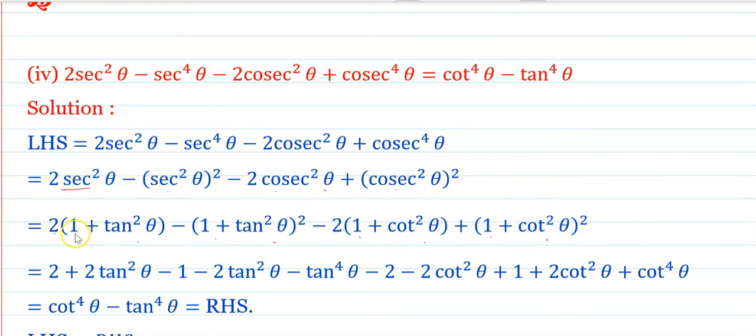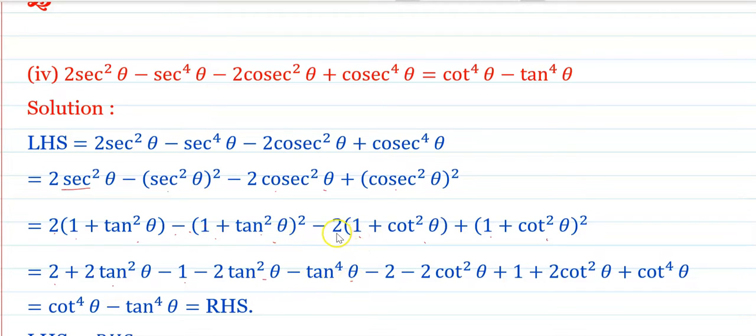That is 2 into 1, you will get 2 tan square theta. 1 plus tan square theta bracket square means what? 1 square plus 2 times 1 into tan square theta plus tan theta raised to 4. But there is a minus sign outside the bracket. Therefore you will get here minus 1 minus 2 times tan square theta minus tan theta raised to 4.